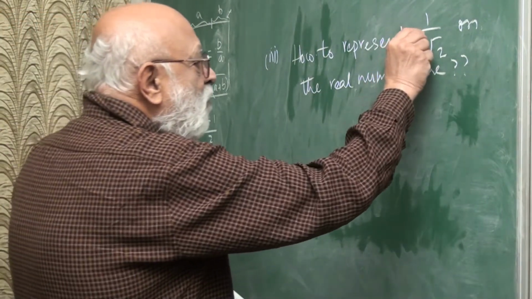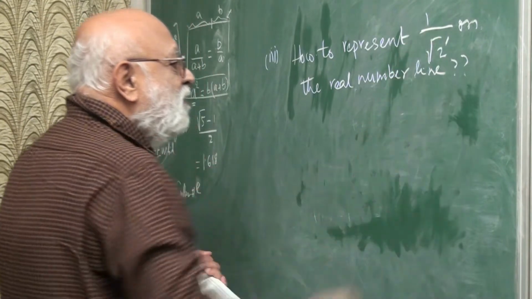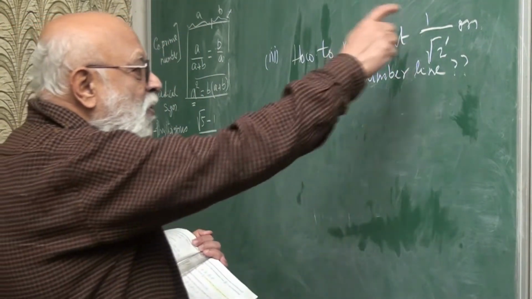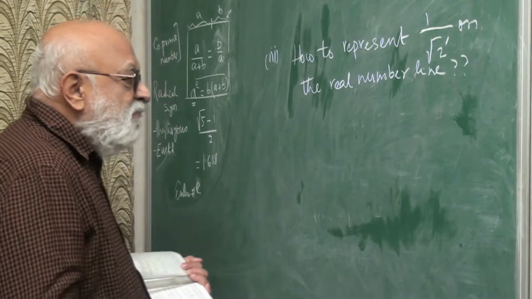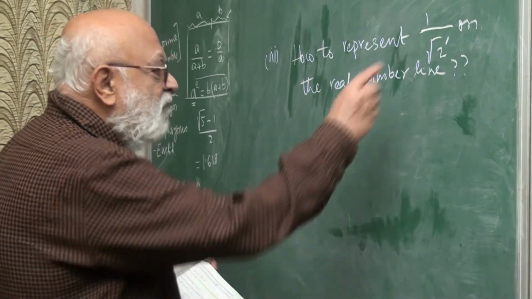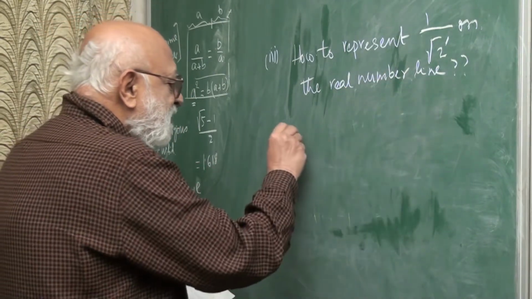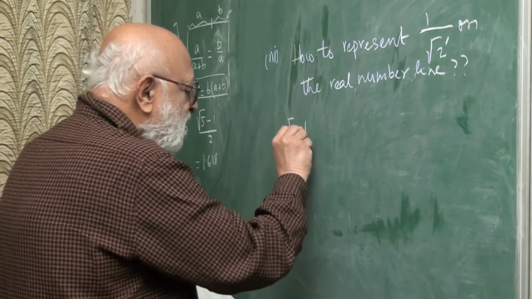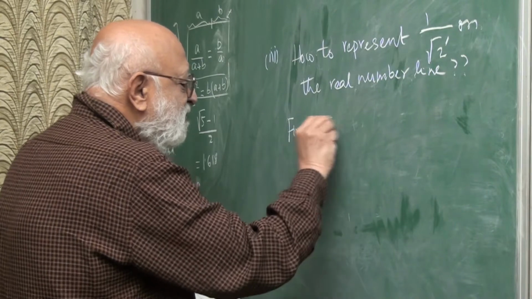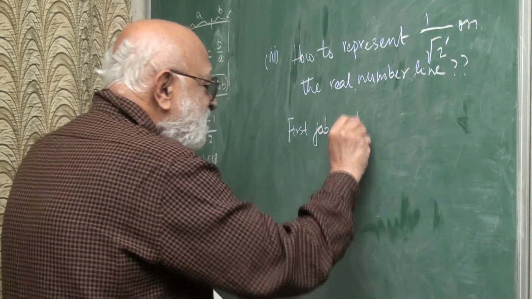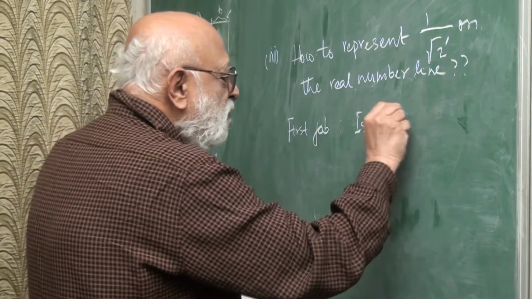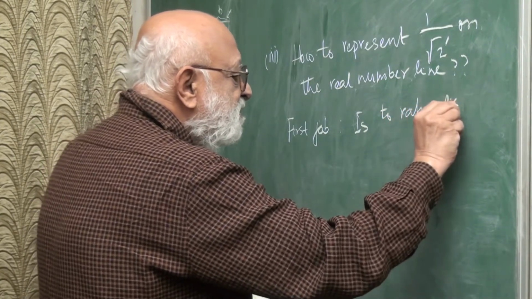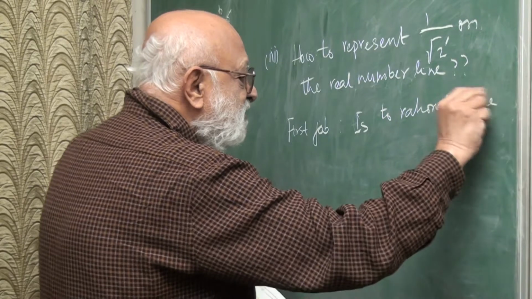We know how to represent root 2 on the number line, there is no problem, but how do you do 1 upon root 2? The best thing to do in such cases, the first job, is to rationalize the denominator.